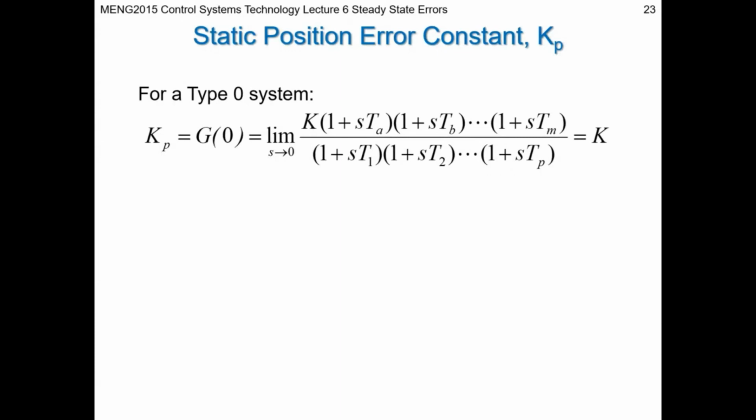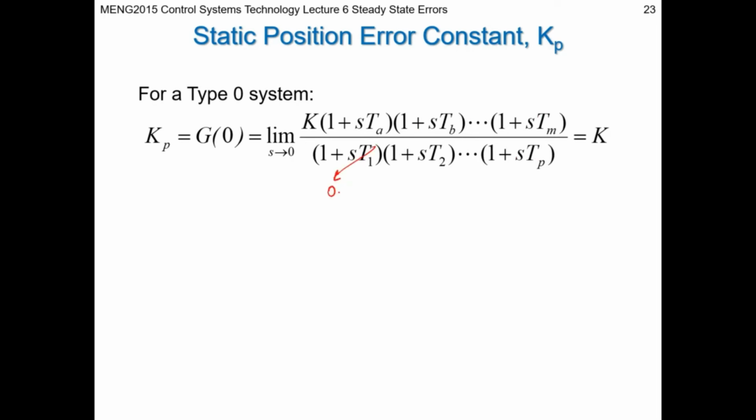Right? So let's look at some implications of this. If we have a type 0 system, note the absence of an s term here. It's missing. So this is a type 0 system. Then what's Kp going to be? Well, Kp equals G0, which is the limit of s going to 0 of our transfer function with all our zeros on the top and our poles on the bottom.